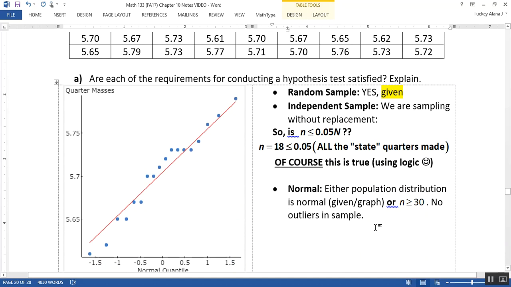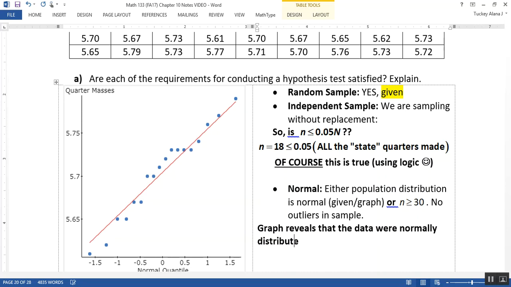Well, we were given a graph this time, and the graph is the normal probability plot that we know and love from section 7.3. And indeed, it shows that the distribution is normal. So the graph reveals that the data were normally distributed, since the points follow a linear pattern. See section 7.3 when we first learned about this.